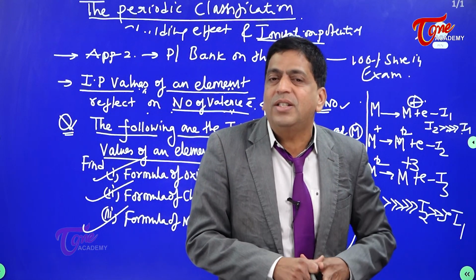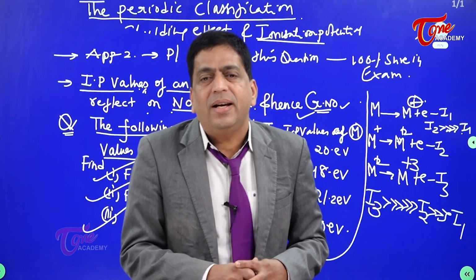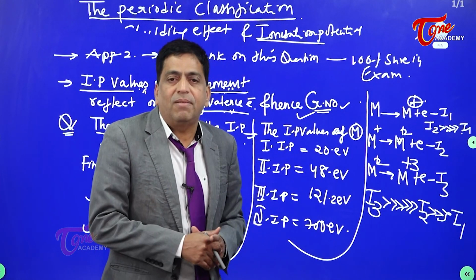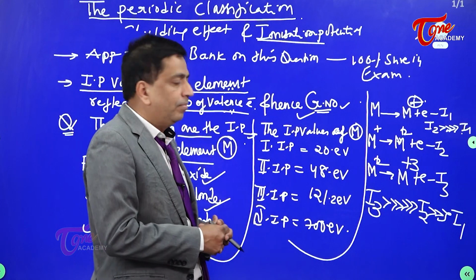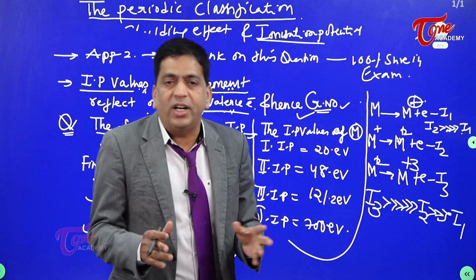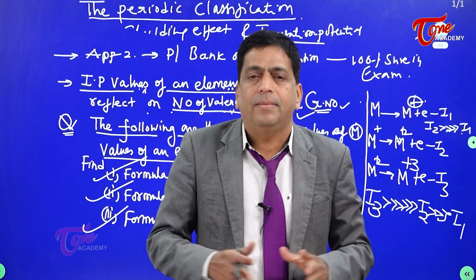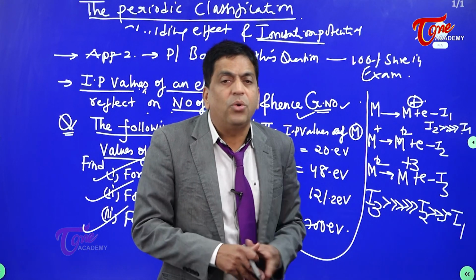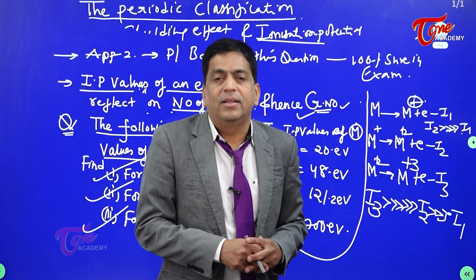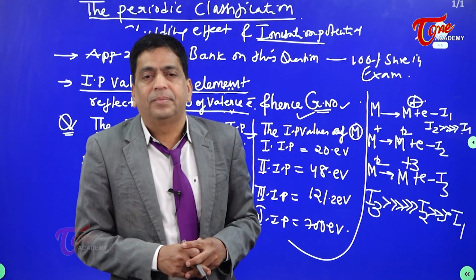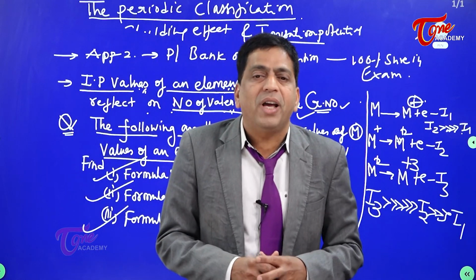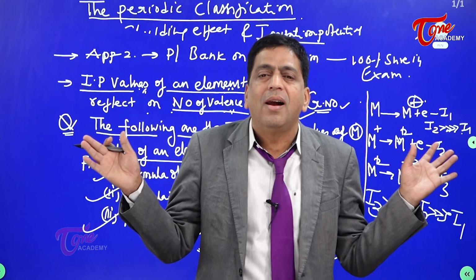I can understand a jump from 20 to 48, fine. From 48 to 121, fine. From 121 to 700, no, not fine. This seemed to be not legitimate, but rather absolutely abnormal.